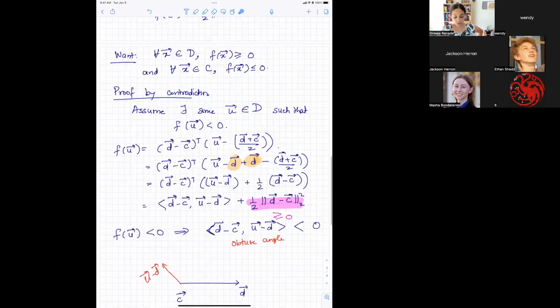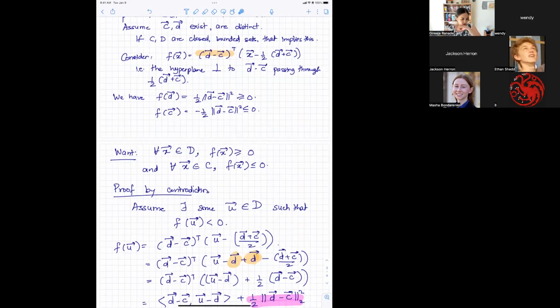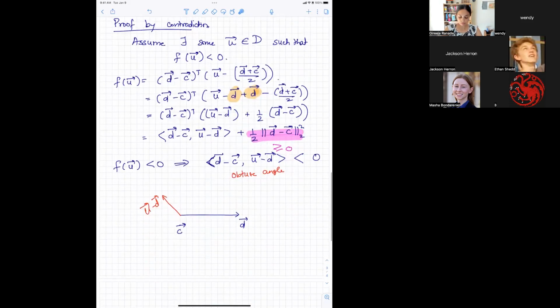One thing that I could contradict is the minimality of the distance between the points D and C. I've said that D and C are the closest points to each other, but if I could find some other point that also belongs to the set D but is closer to C, then I could get the contradiction that I wanted. And this geometric picture helps me see how I might arrive at that contradiction.